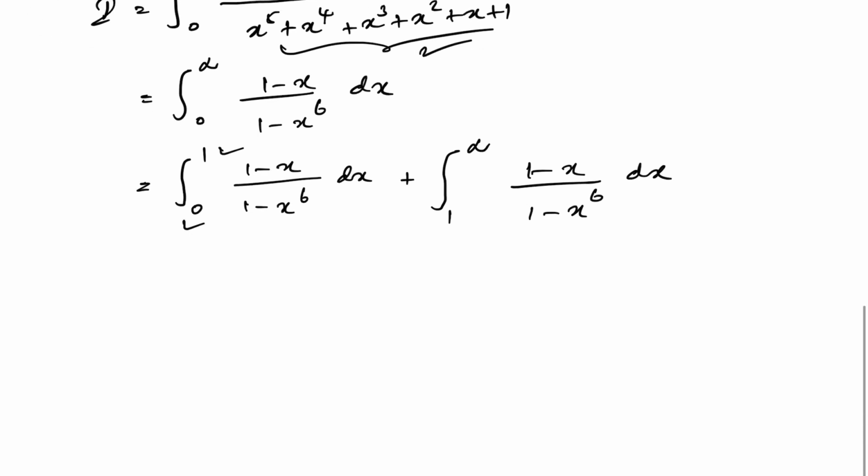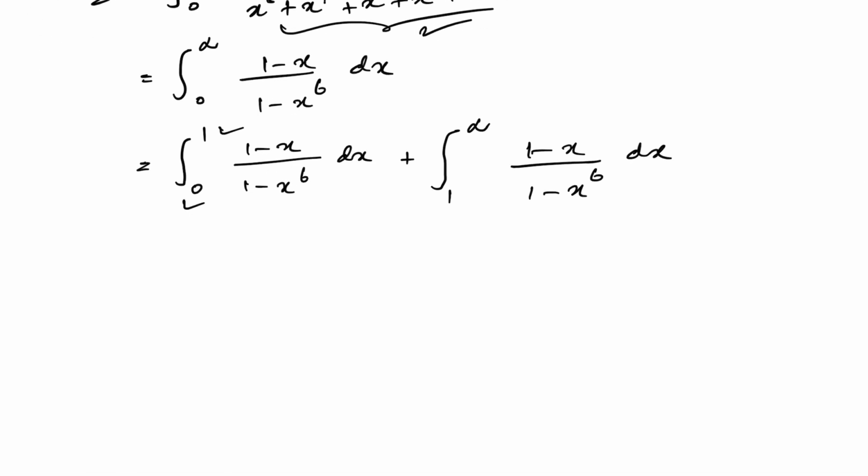Then I'm going to rewrite the first integral again, the integral from 0 to 1 of (1 minus x) over (1 minus x to the 6th power) dx.